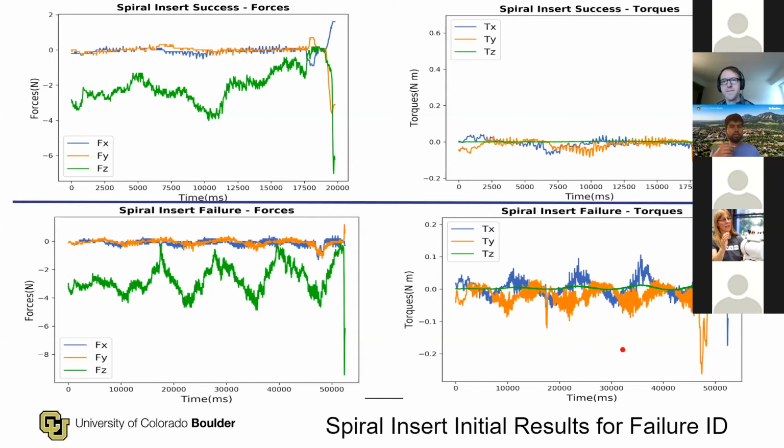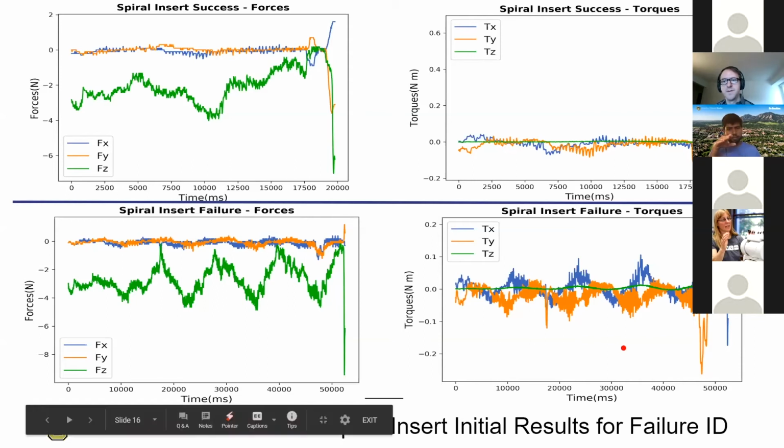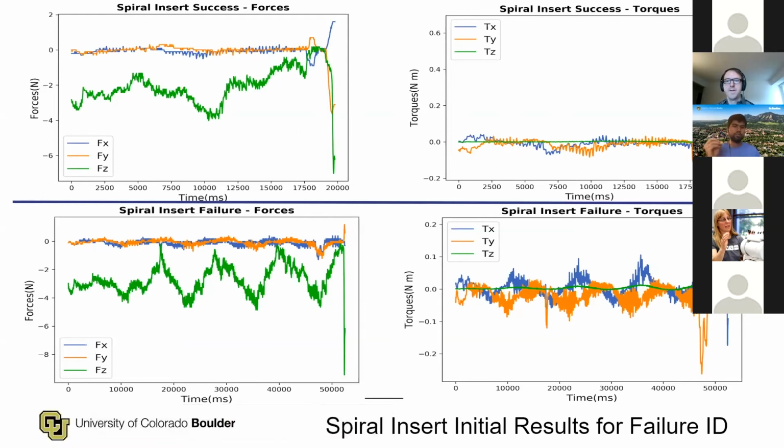And then in both the cases, the action terminates as the large spike due to the lateral torque condition. In the force plot, we see that there are no discernible differences, except for length. So we see that for a failed attempt, the spiral insert goes on and misses the hole, goes much longer than a successful trial.